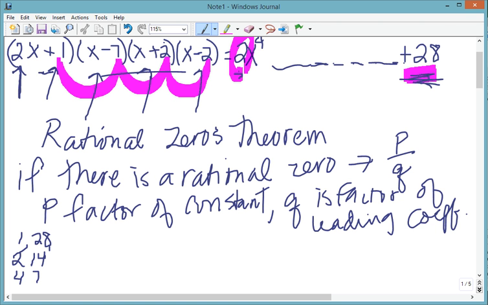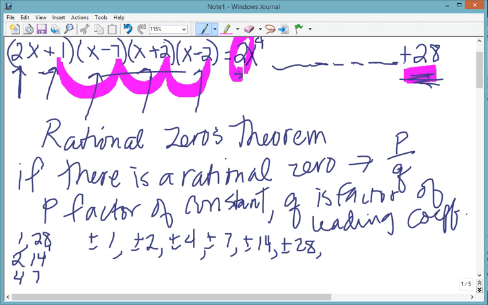And all the factors of 2 are 1 and 2. So first we'll just list them all over 1. That would be plus or minus 1, plus or minus 2, plus or minus 4, plus or minus 7, plus or minus 14, plus or minus 28.